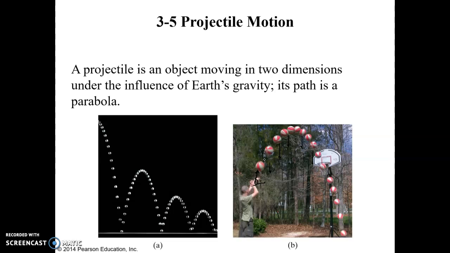So the initial upward motion of the ball begins to slow until it reaches the very peak of its arc, at which point the vertical velocity is 0, and then it begins to accelerate more and more in the downward direction.